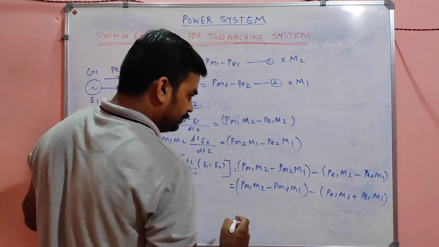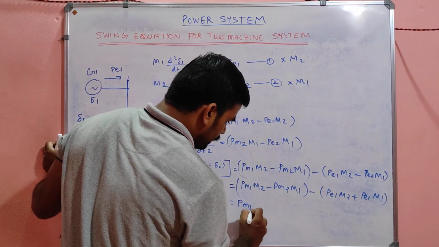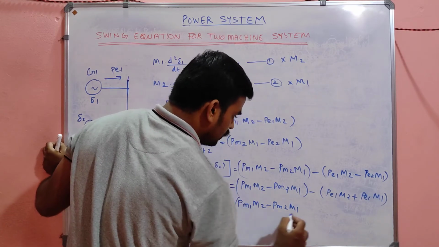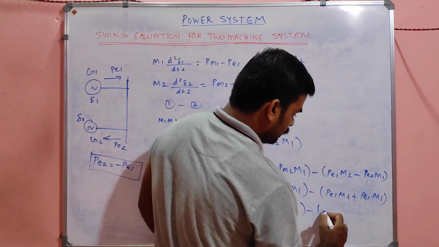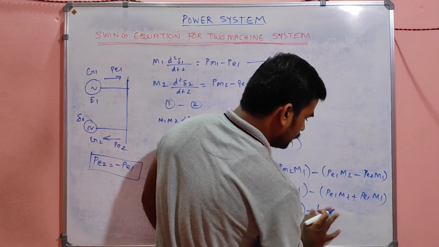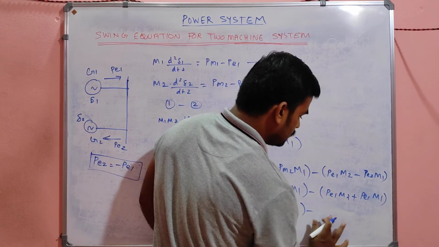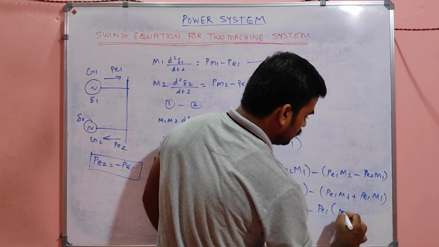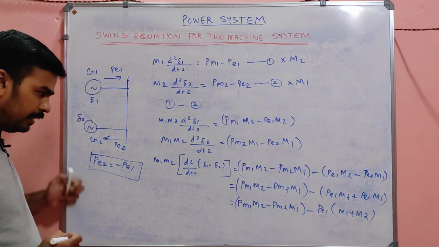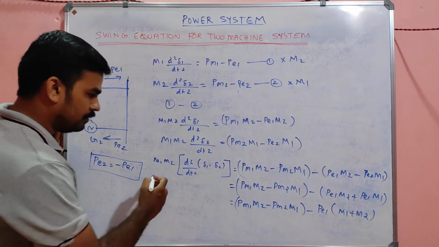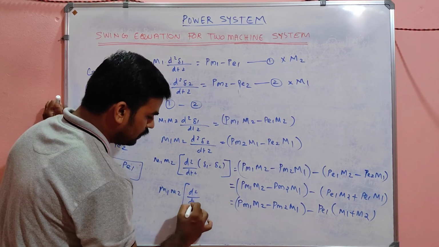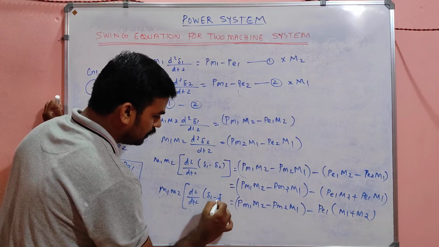So it will become Pm1 M2 minus Pm2 M1 minus of Pe1 plus Pe1, you can take it as common, so minus Pe1 into M1 plus M2. Am I right, my dear? So the LHS will be nothing but M1 M2 into d square by dt square of del 1 minus del 2.